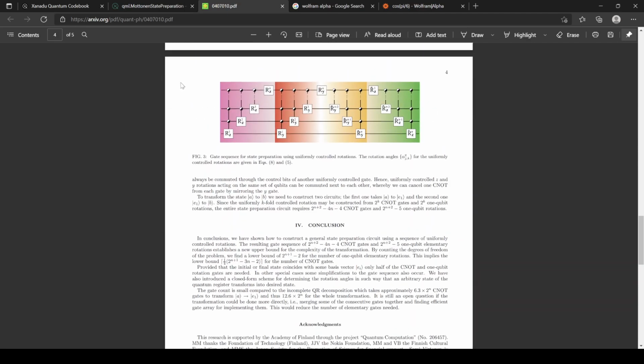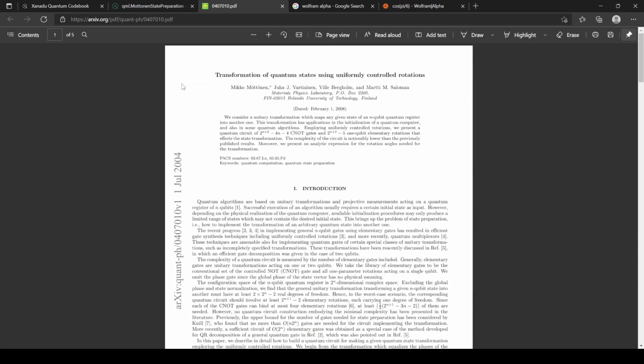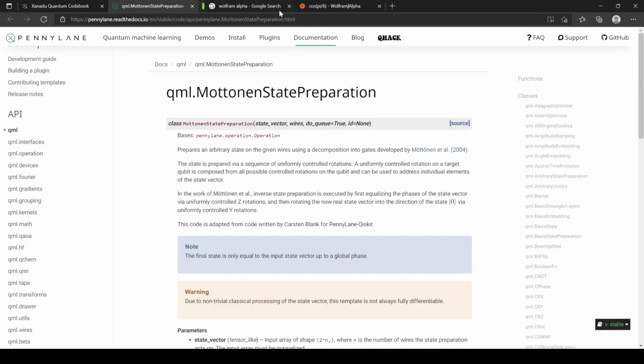Don't know all the names though. This is a way of preparing amplitude embedding using 2 to the n CNOT gates and 2 to the n one-qubit elementary rotations. You can see here why amplitude embedding is something of a challenge, because although it's exponentially more efficient than classical processing, it requires an exponential number of gates. So kind of evens out, I guess.